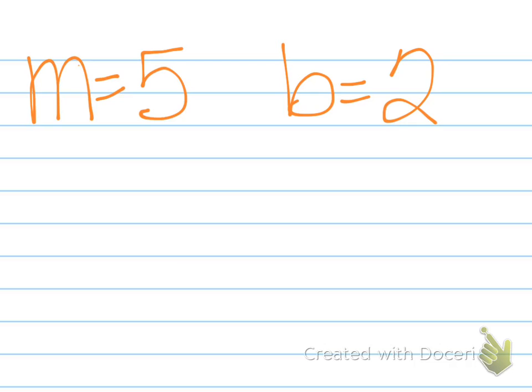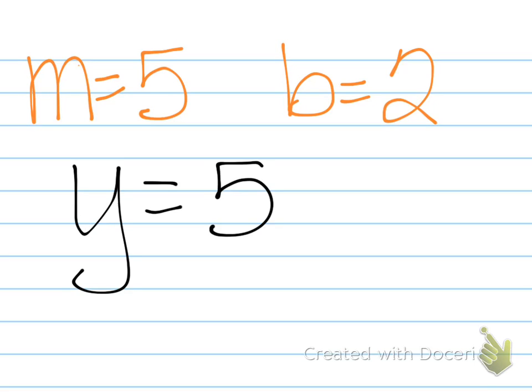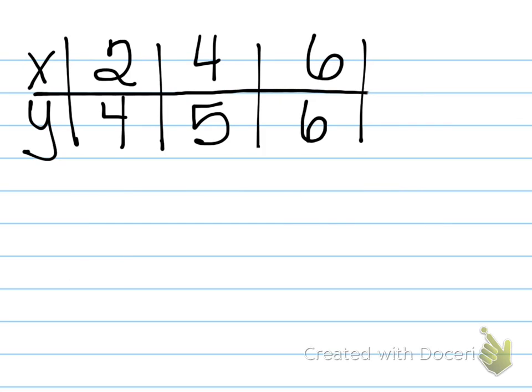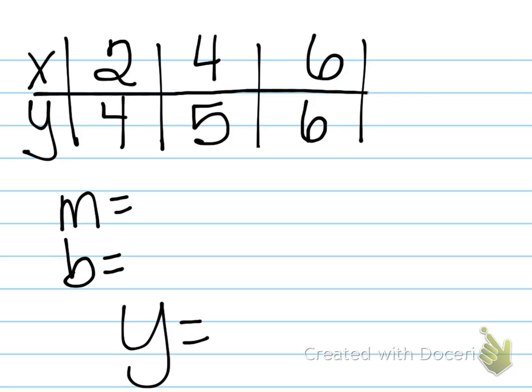My formula is always written with y equals, this is slope-intercept form, and it's going to be 5 times x, excellent, plus 2. Okay, let's try another one. Here's your next example. Pause the video, and I want you to find your slope, your y-intercept, and I want you to write me my equation in y-intercept form.